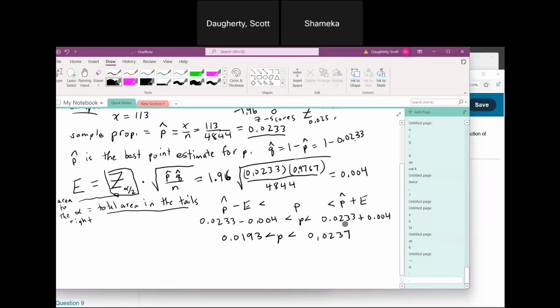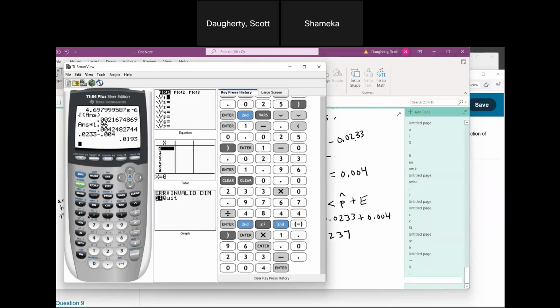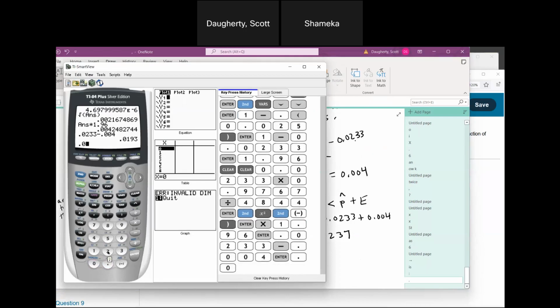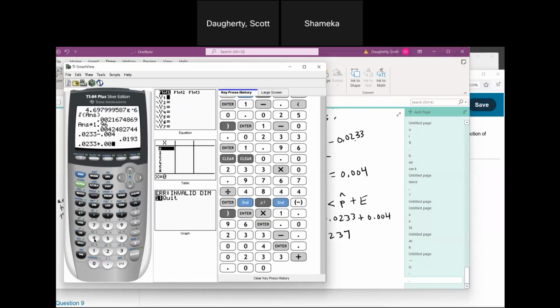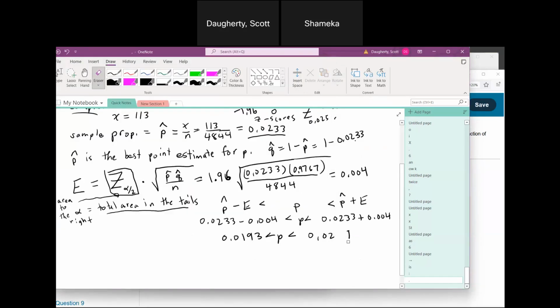Wait, let me double check that just to be sure. 0.0233 plus 0.004, so you get 0.0273. Sorry, I had that backwards, 73.